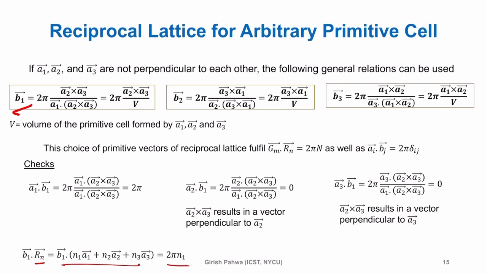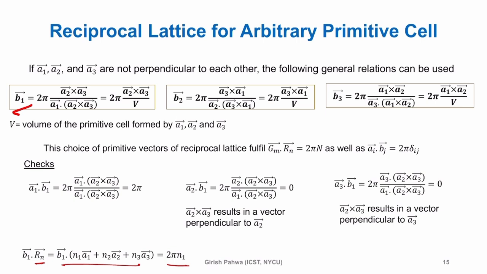Diamond is composed of two FCC lattices. It's like an FCC, but there are some inside atoms. So we'll have to talk about what would be the reciprocal lattice of, say, an FCC lattice, or a BCC lattice.